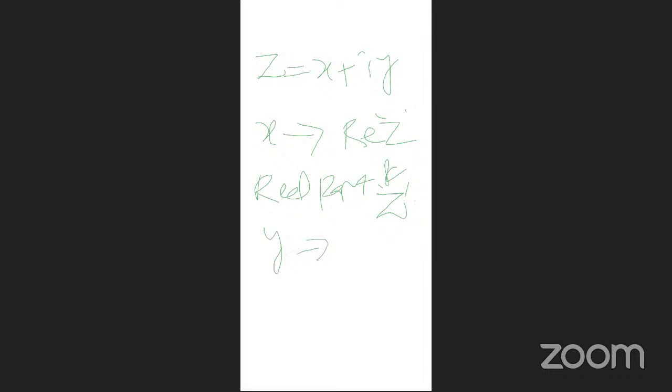Here x is called the real part of z, and similarly y is called the imaginary part of z. In shortcut, we write Re z and Im z.